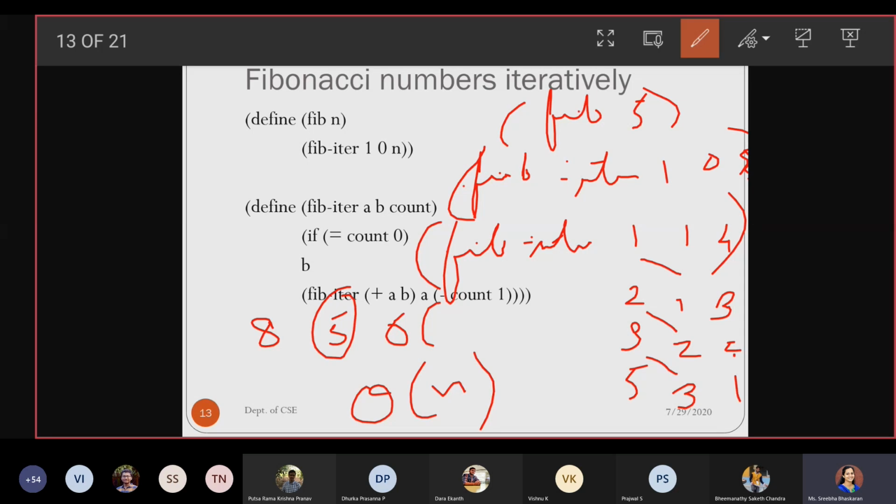Each time you call your sub procedure, only 3 arguments are passed. So we can say that the order of growth in terms of space will be theta of 1 because it is a constant. Instead of saying theta of 3, which is a constant value, we can say it is theta of 1. So I'll stop with this. We'll continue with the next class.